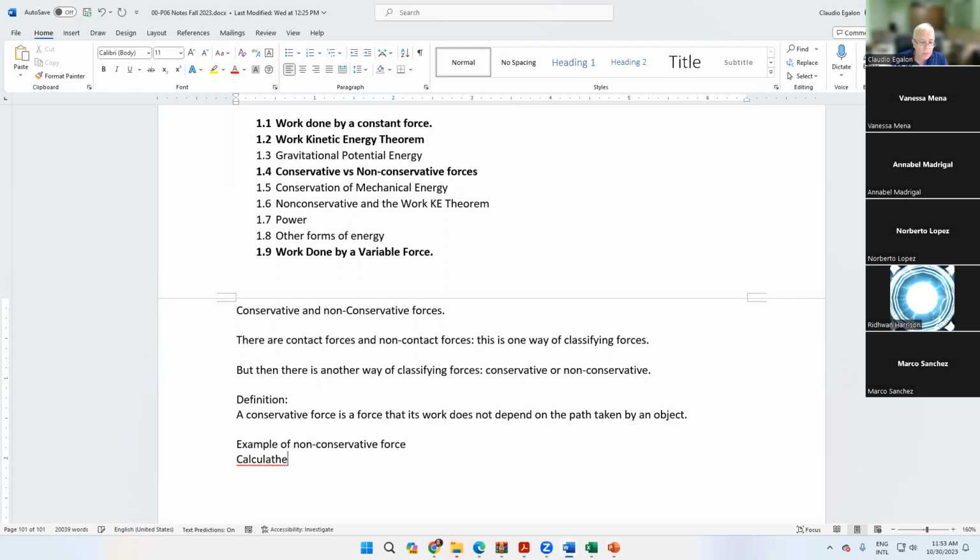Calculate the work done by the force of friction along 2 different paths, having the same starting and ending points.